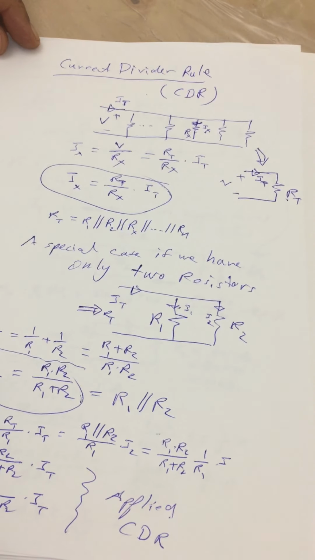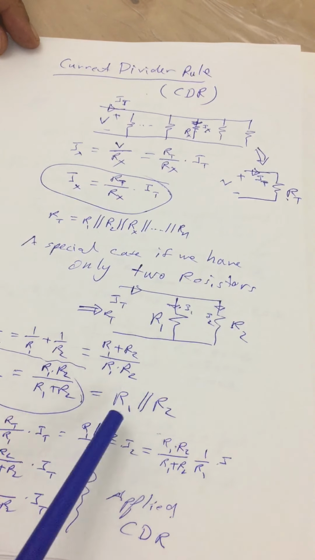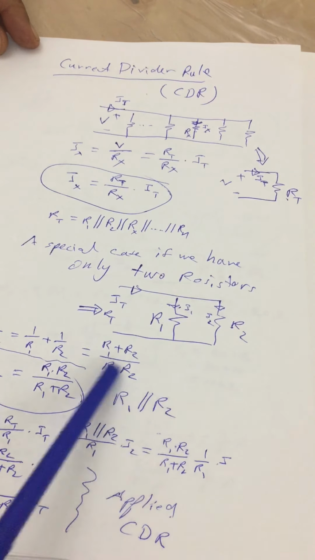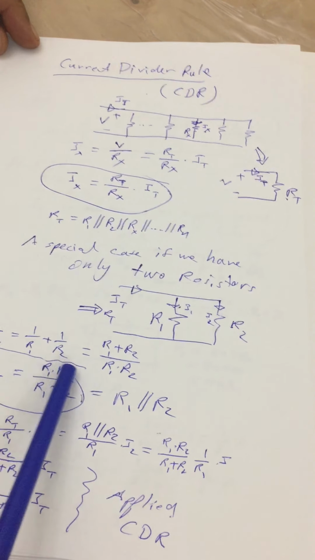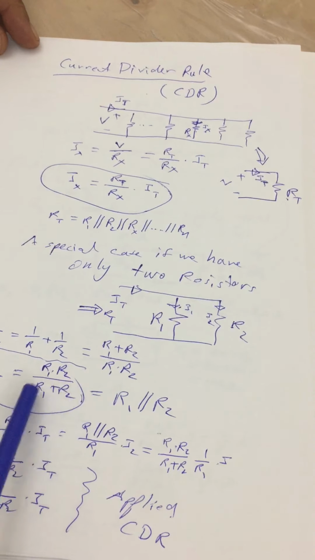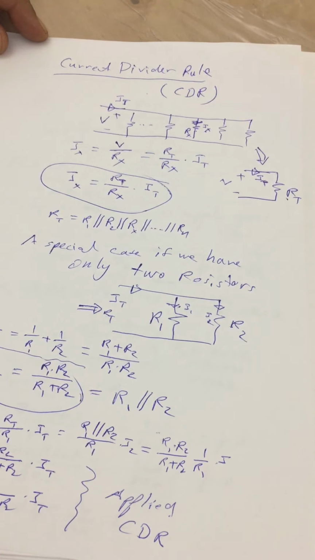Which means that R total is equal to R1 times R2 divided by R1 plus R2. So if we have two resistors in parallel, then the parallel combination of them is the multiplication of both resistors divided by the sum of the two resistors.